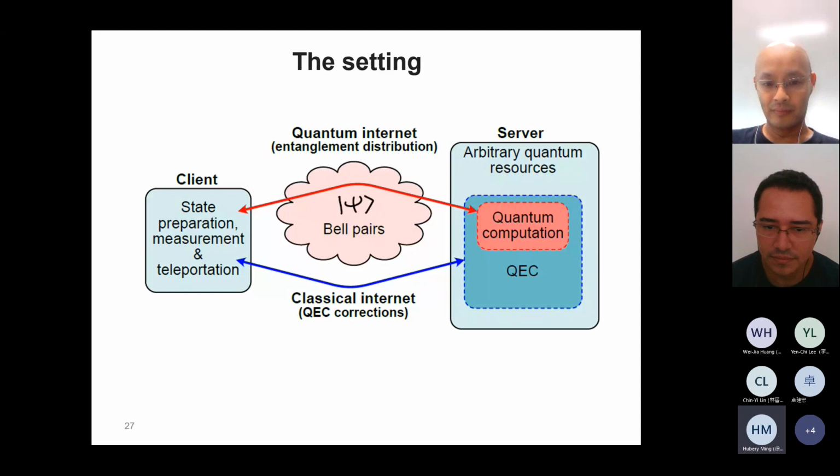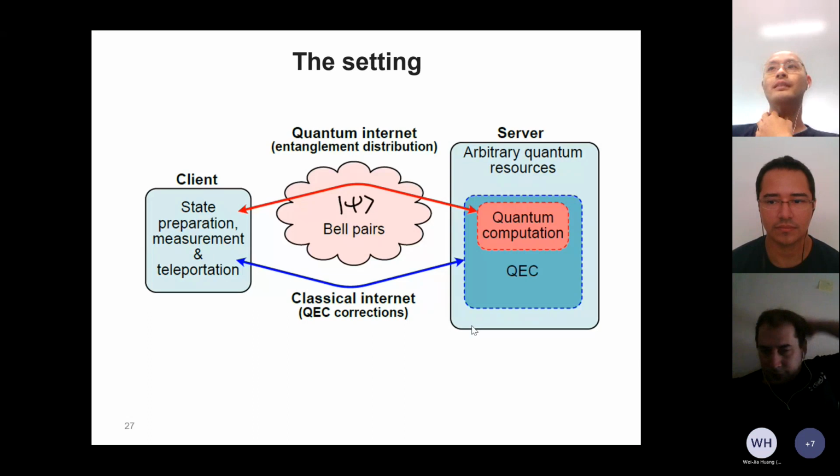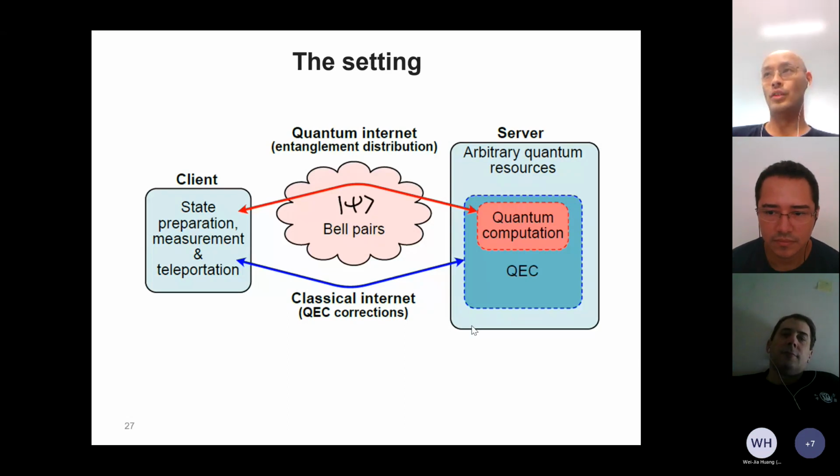I just want to get an intuitive feeling. What's the purpose of the homomorphism here? So the purpose of the homomorphism is to make the construction of the computations more natural for the server.